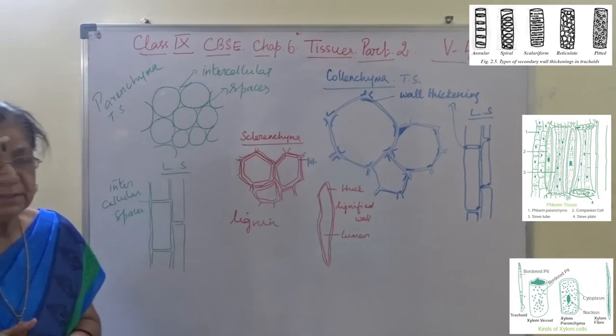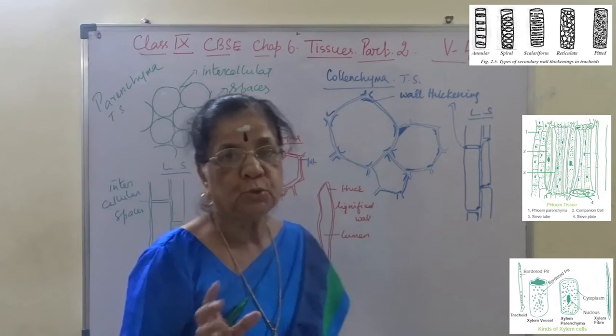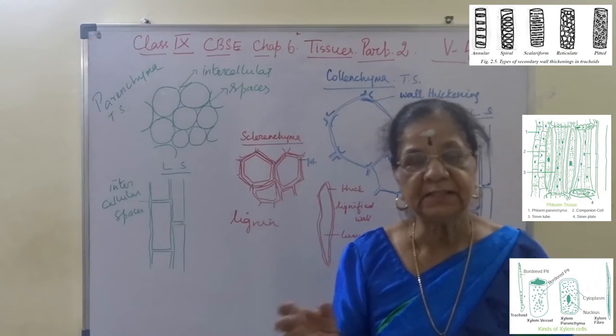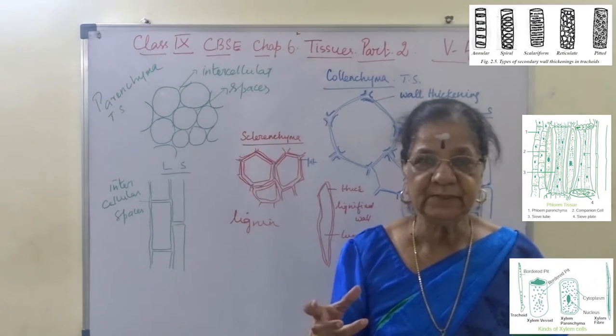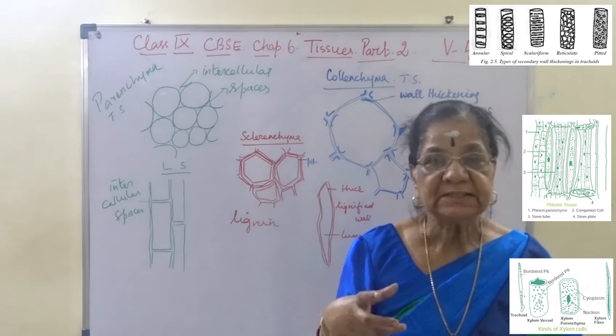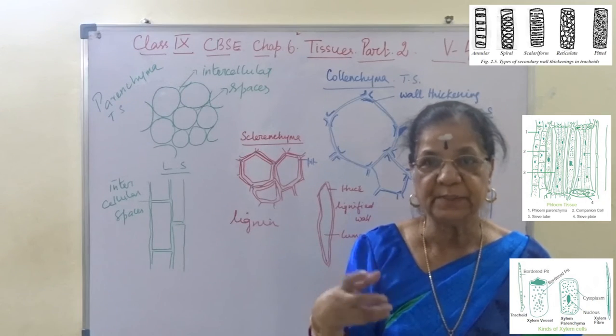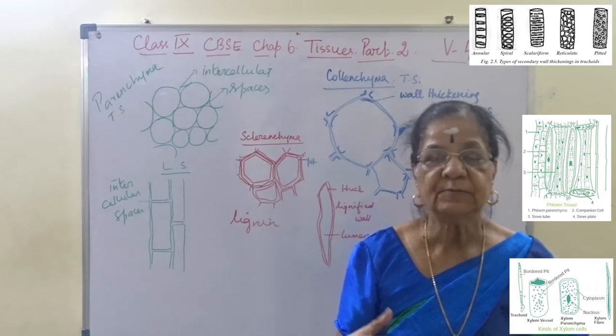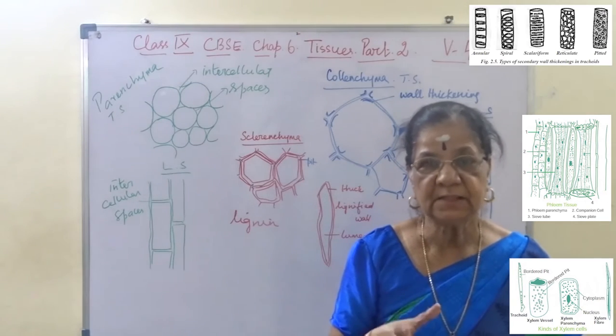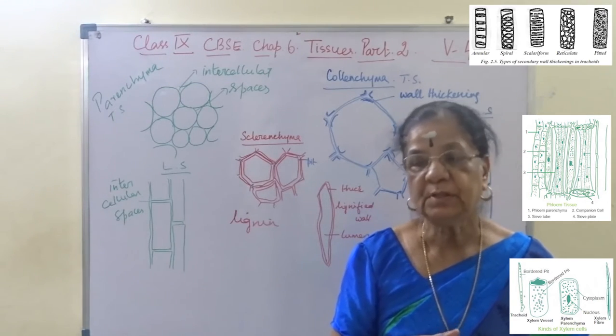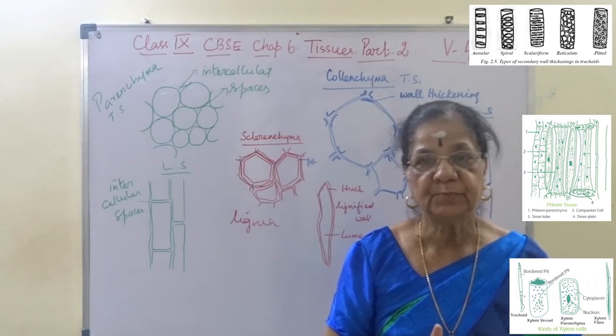And this sclerenchyma is of two types: sclerites and fibers. Fibers will be present in the husk of coconut. That is the husk of coconut, which is full of sclerenchyma fibers. I hope you understand.